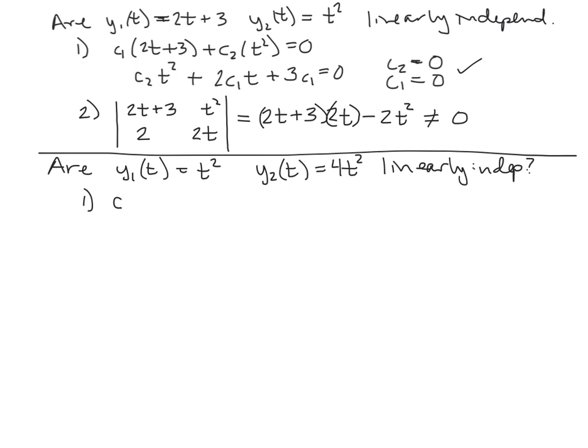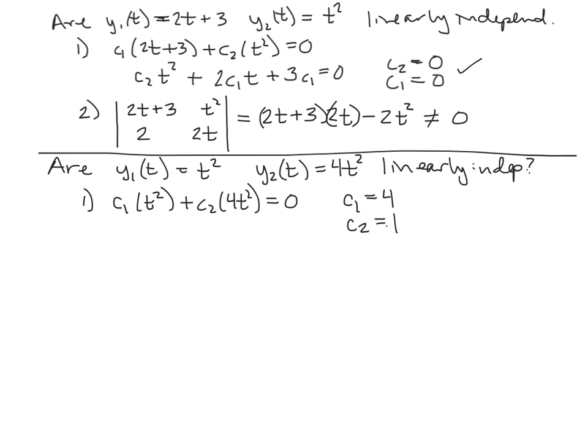So we would put a c1 out in front of t squared. We'd put a c2 out in front of 4t squared. We'd set that equal to 0. And then if we make c1 4 and c2 1, then that gives us a linear, oh, I'm sorry, I need to make one of those negative, right?